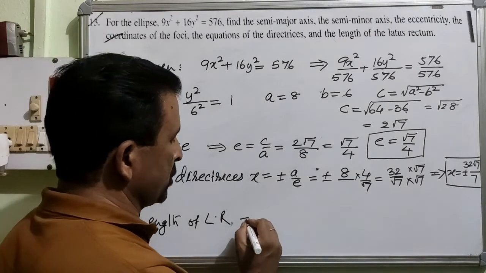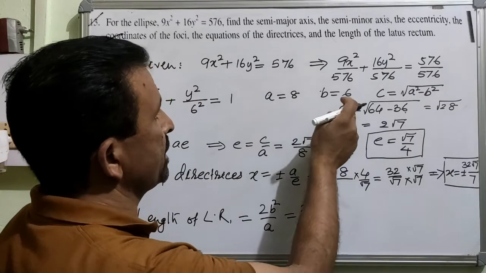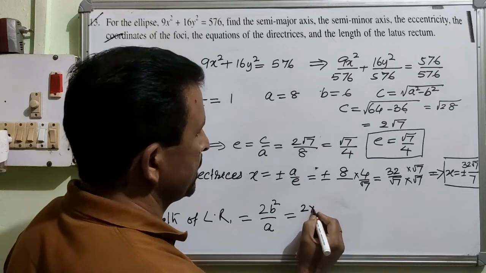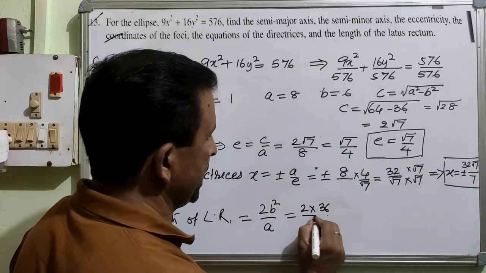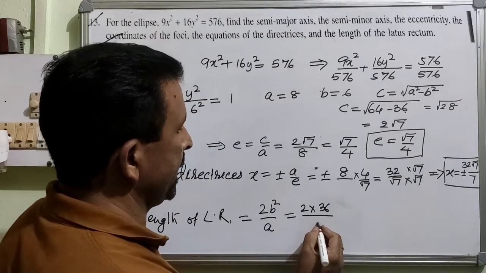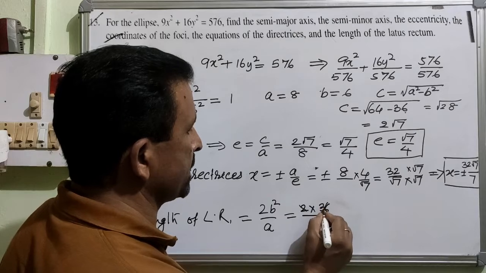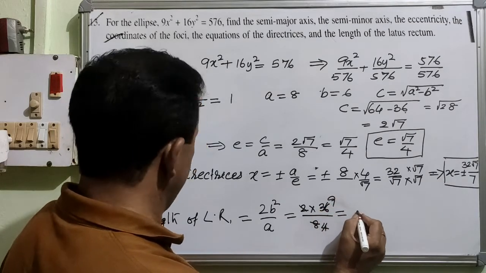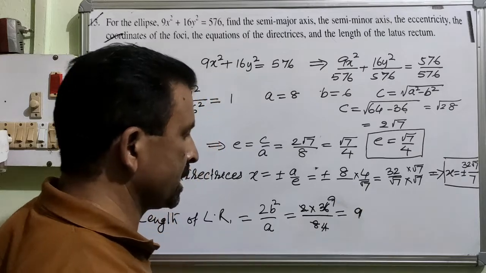This is equal to 2b square over A. B square means the square of 6, that is 36. And then A is 8. So 2 4s are 8 and 4 9s are 36. Therefore, this is the length of latus rectum, which is 9. Is this very clear?